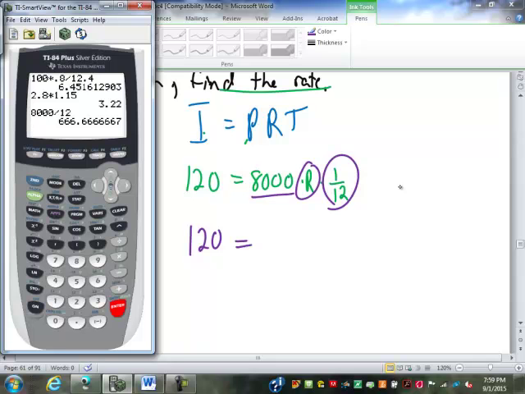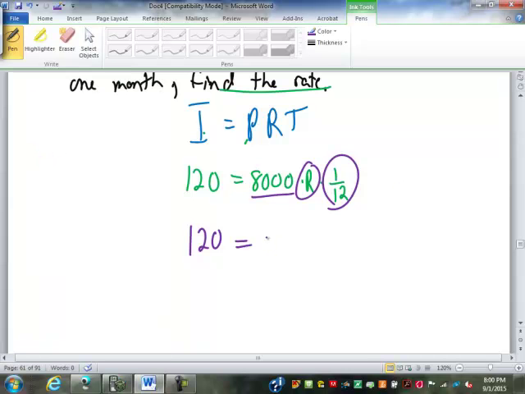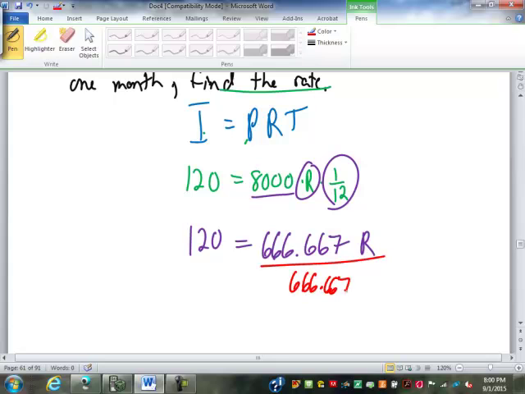If we're really concerned about having exact answers, this can cause a round off error. For what we're going to do, we should be okay if we go just a few decimal places. So we have 666.667 times R. We're going to divide now by the 666.667 to get R by itself.